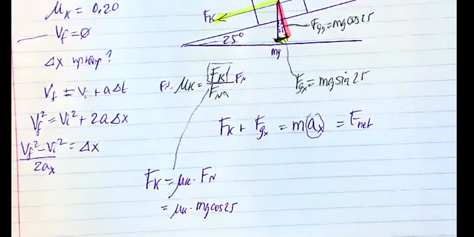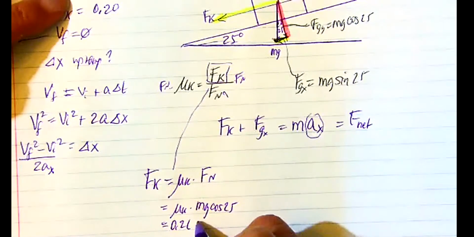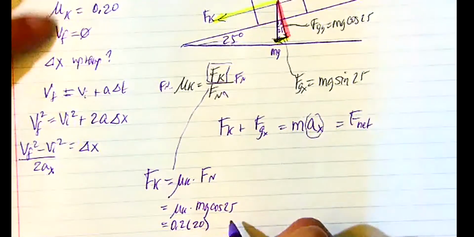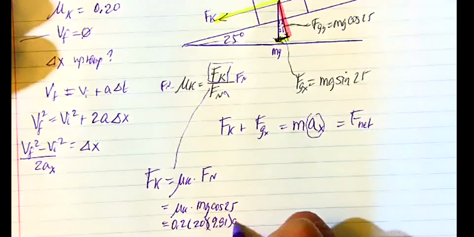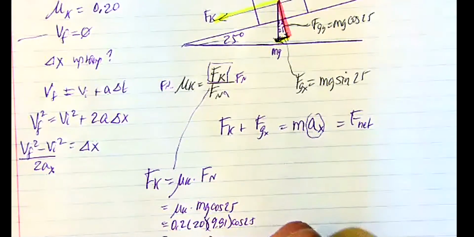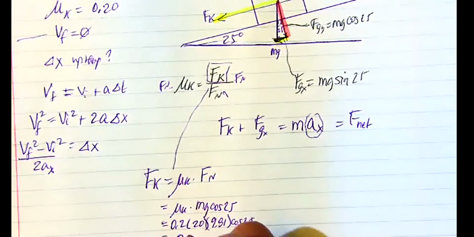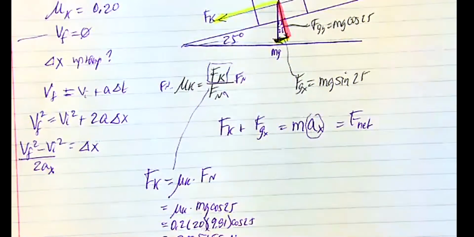Mu sub k, they told us, is 0.2, the mass is 20 kilograms, then the 9.81, then the cosine of 25. All that is going to be F sub k. Figuring that out, I get 35.5655 newtons. So there's my F sub k.